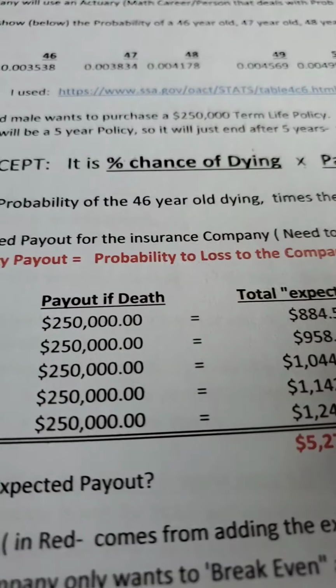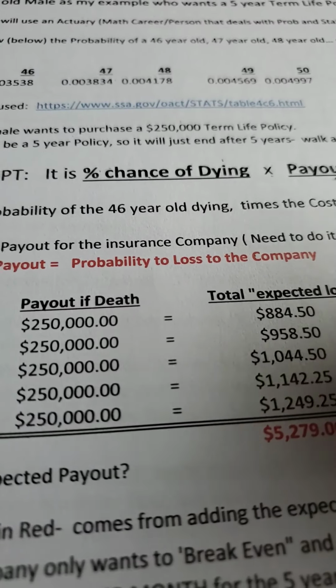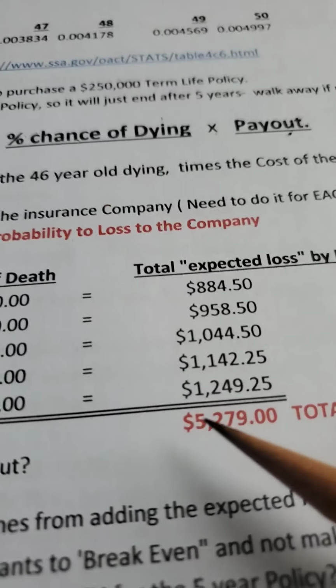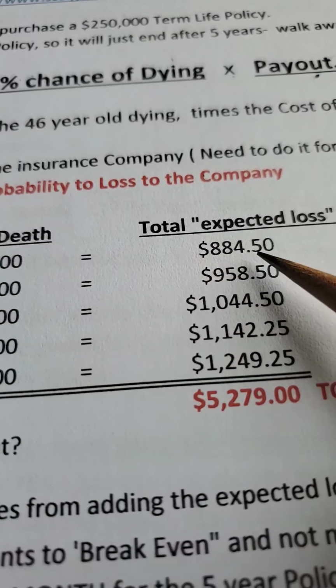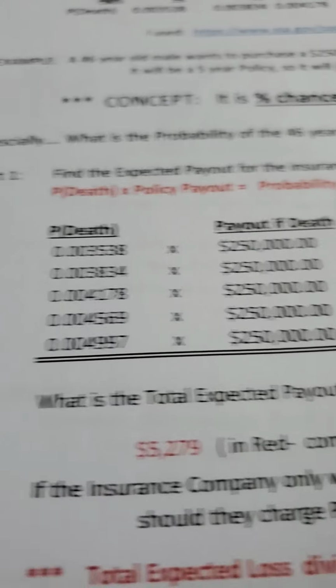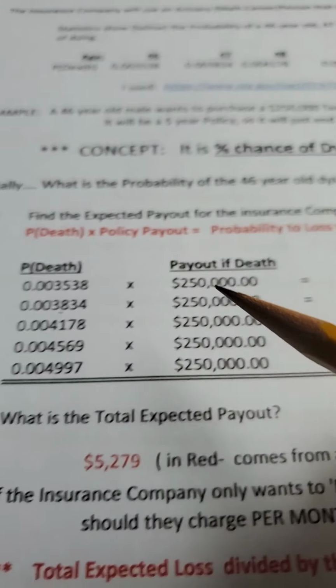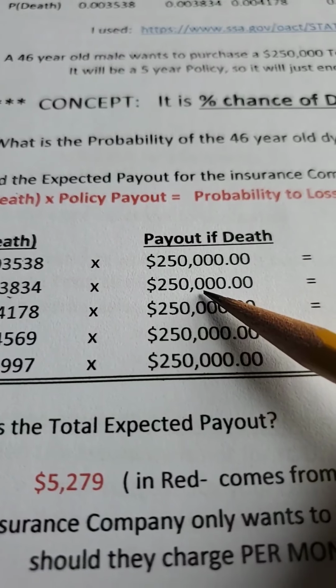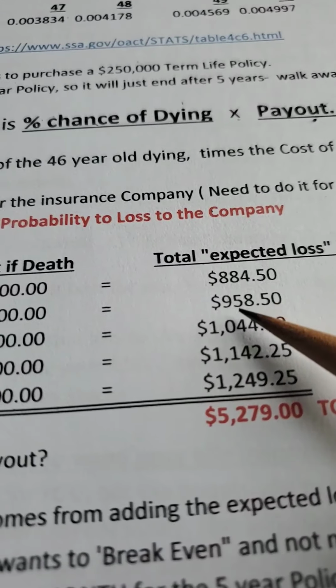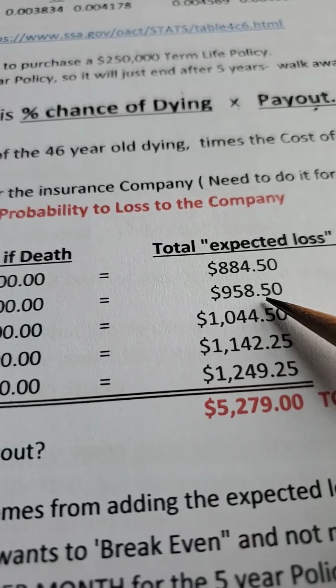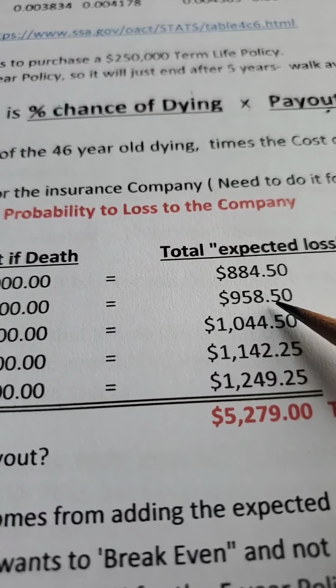If you spread that over tens of thousands and millions of people, they look at that as an $884 loss for that year. If this is the chance you're going to die at age 47, times $250,000 if you do, they see that as a $958 loss, spread over millions of people.